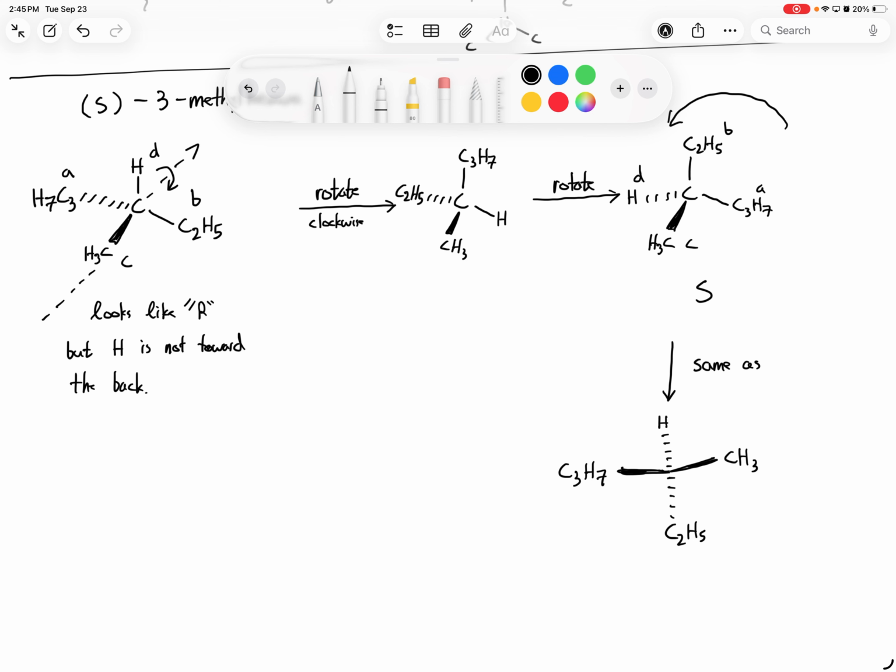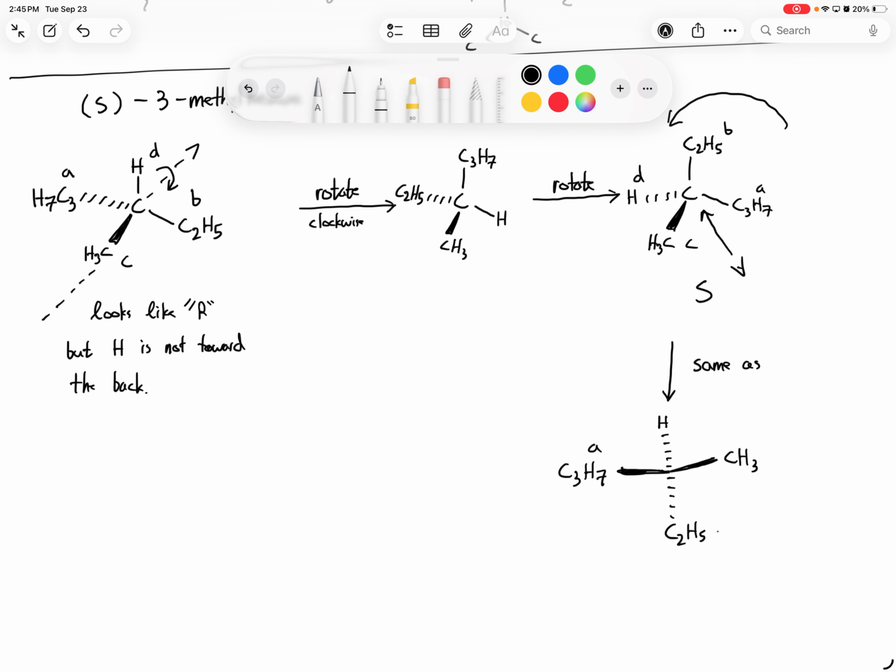So imagine you look at it from this perspective. If you look at it from this perspective, the CH3 and the C3H7 will come out at you, all right? And everything behind it will go in the back. So that's why I represent it right here, okay? If you look at it through the bond angle, two of them will come at you. The bonds in the back will go in the back. So you visualize the H that way and assign priorities, you'll get the same answer, okay?